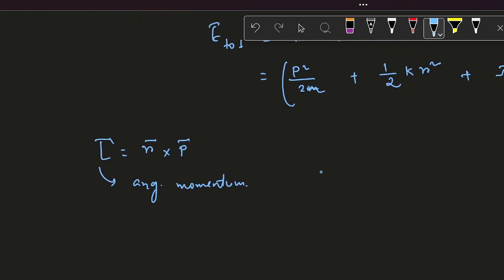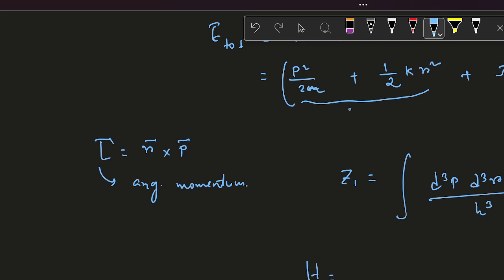So if you want to write it like that, then Z1 is equal to d cube p d cube r divided by h cube. This is coming because of the phase space integral over all possible states, and then e to the power minus beta E total becomes e to the power minus beta H minus beta omega dot L, where H is only these two parts, kinetic energy plus harmonic potential energy.